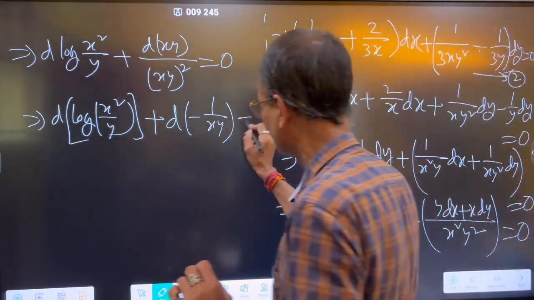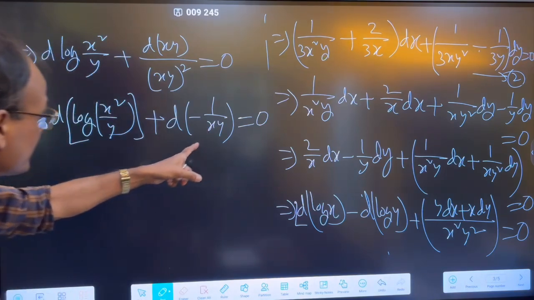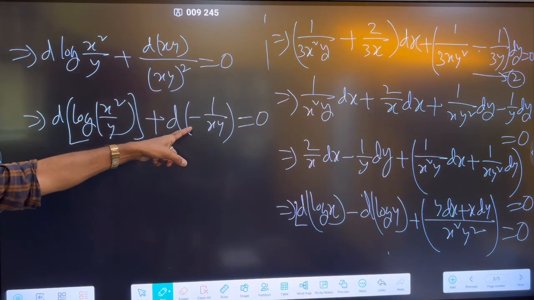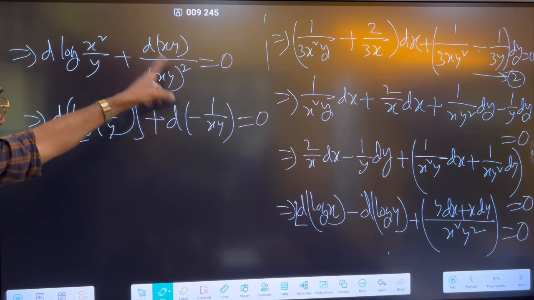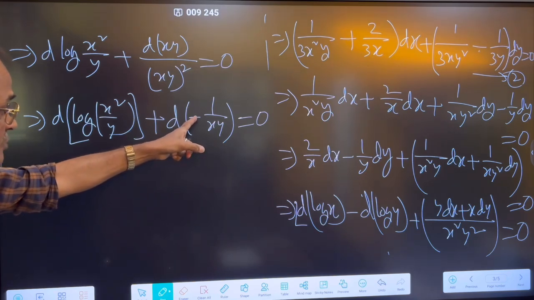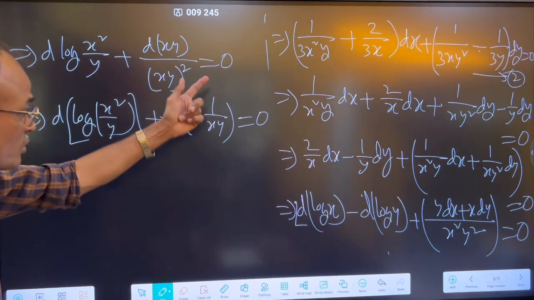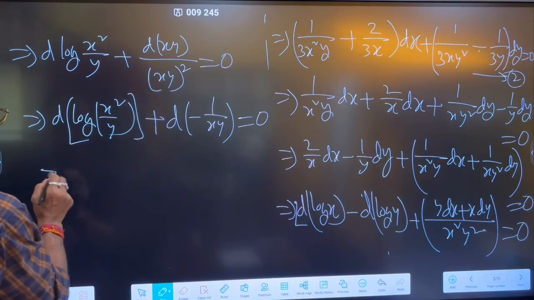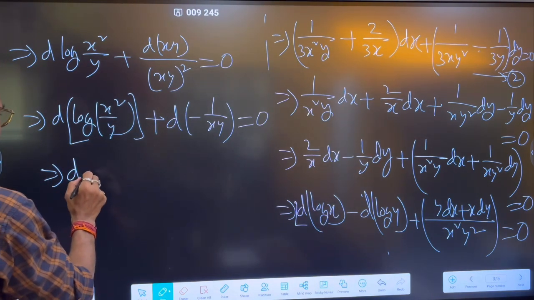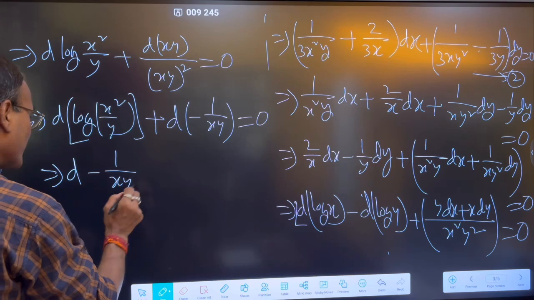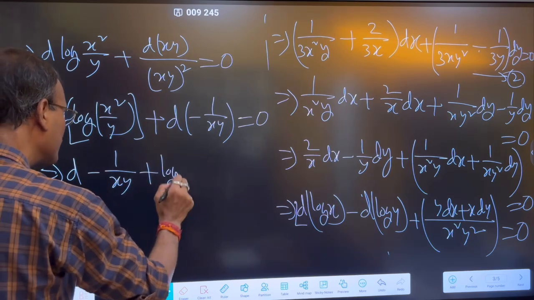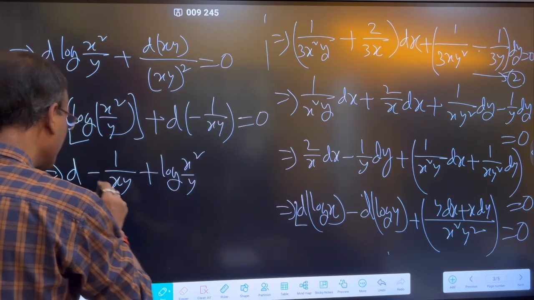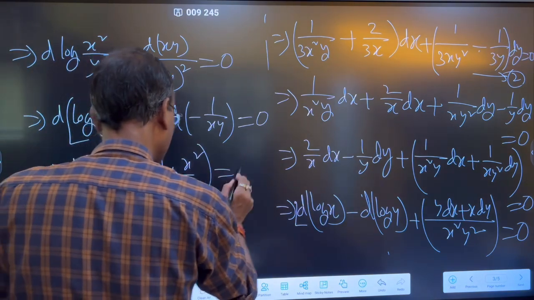Therefore, now if you differentiate this, you will get d of xy minus (xy) whole to the power minus 2, d of xy. Or d of minus 1 by xy plus log x square by y equal to 0.